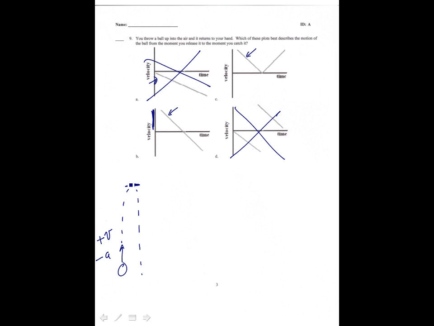Now, at this point, the velocity equals 0, which is true here and here. And here, the velocity is negative, and the acceleration is also negative. So, in this one, you have a positive velocity, because the velocity is in the positive region of the coordinate system. So that one's not right. So the answer must be B, which you see you have a negative velocity here and a negative acceleration.